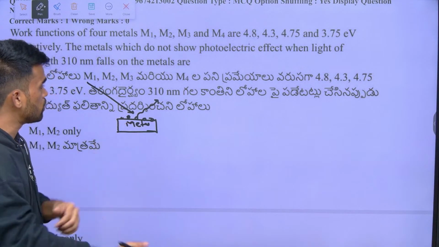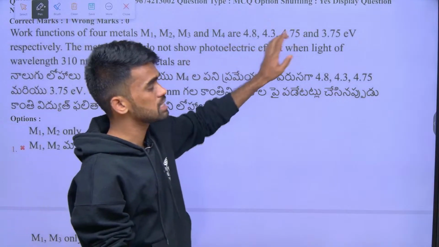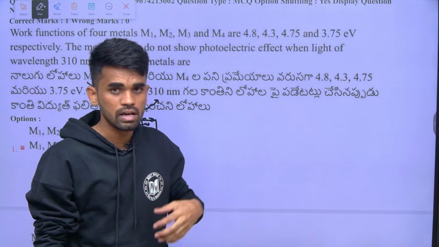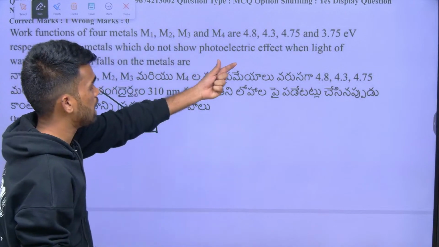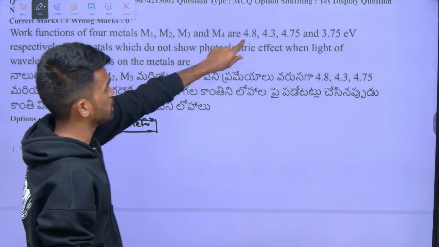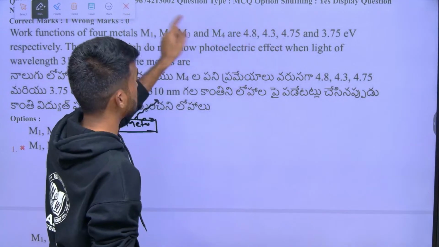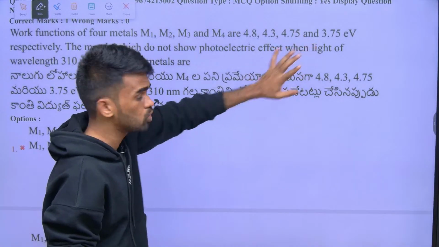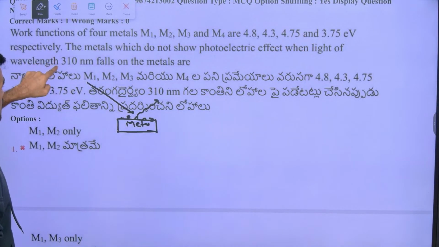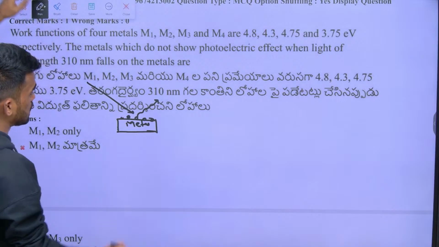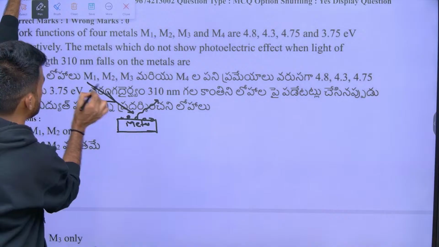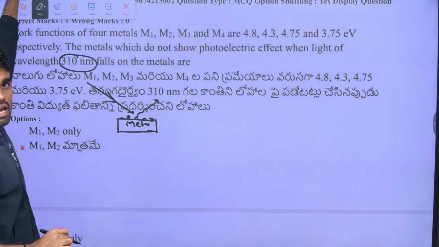So these are the energy values given for the photoelectric effect. These are the work functions for 4 different metals in electron volts. Now, the wavelength falling on the metal surface is 310 nanometers.